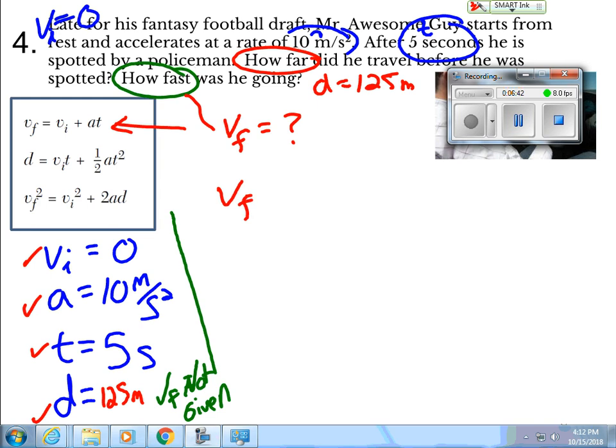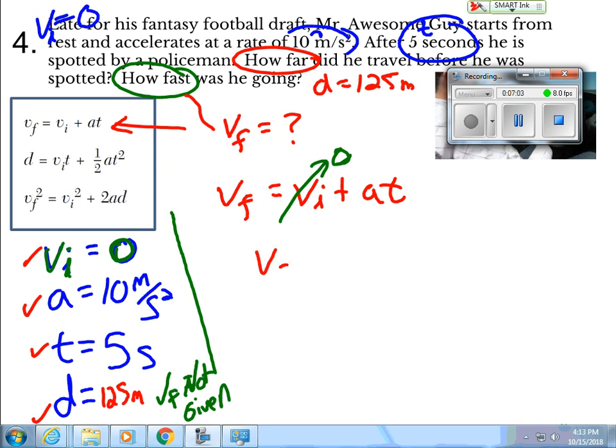So I can say my V final equals my V initial plus AT. My V initial was actually 0, because it was right over here. So that's 0. Cool. Now I plug in what my A was.